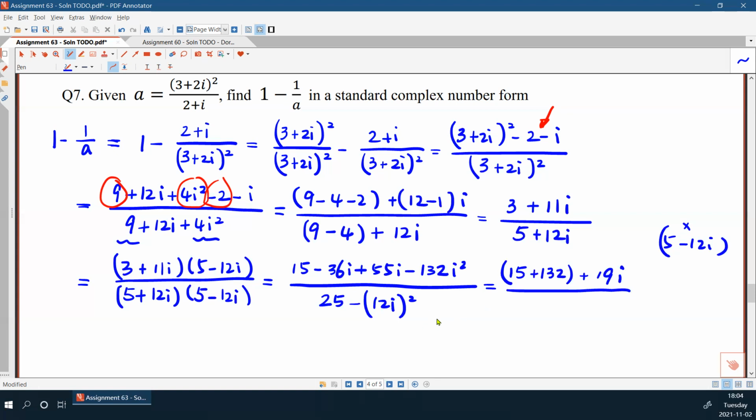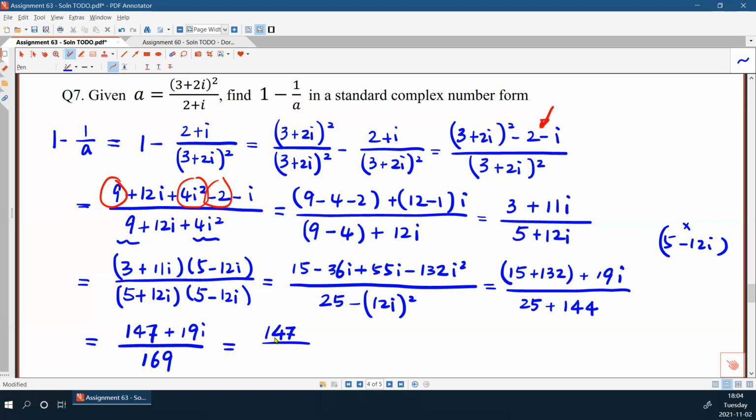And the denominator is 25 plus 144, okay, which is 147 plus 19I over 169, right?